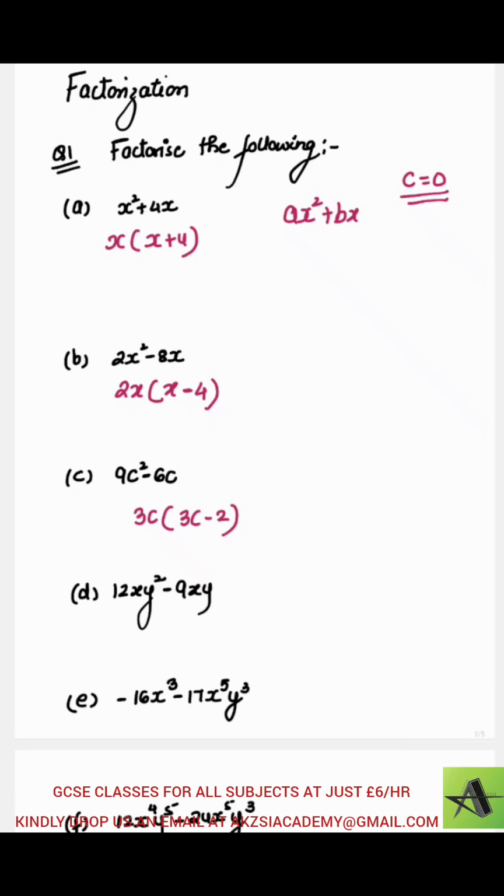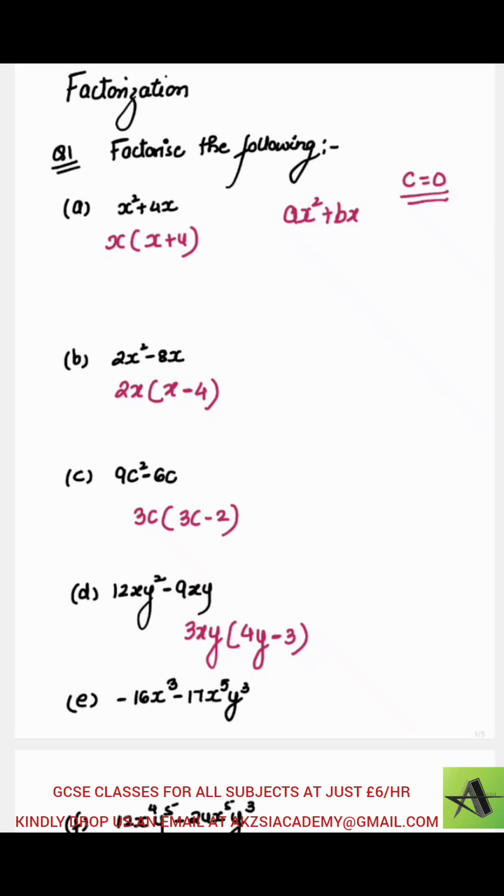As I told you, your first instinct is to take out something as common if you can. So I can clearly take out 3xy as common. So remaining here is 4y and here it's just 3. You can't factorize it further, so that's your final answer.